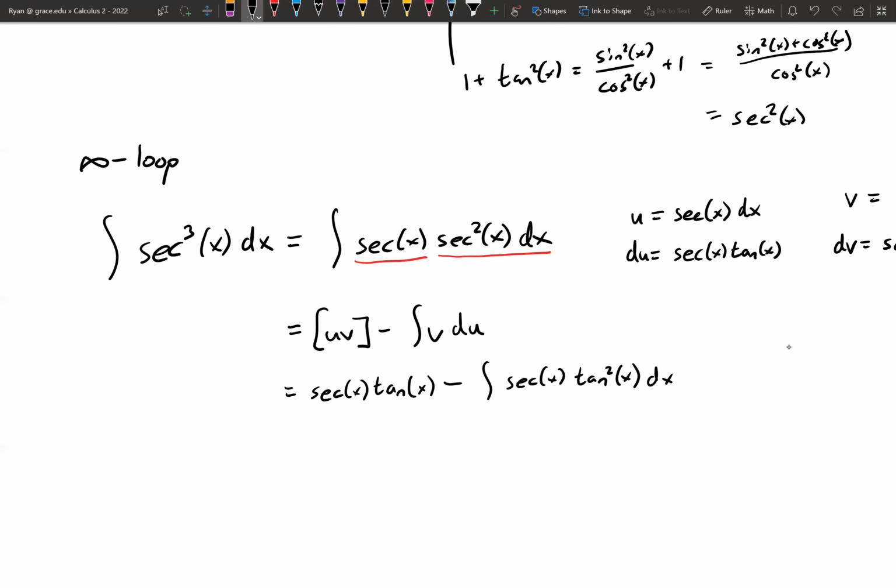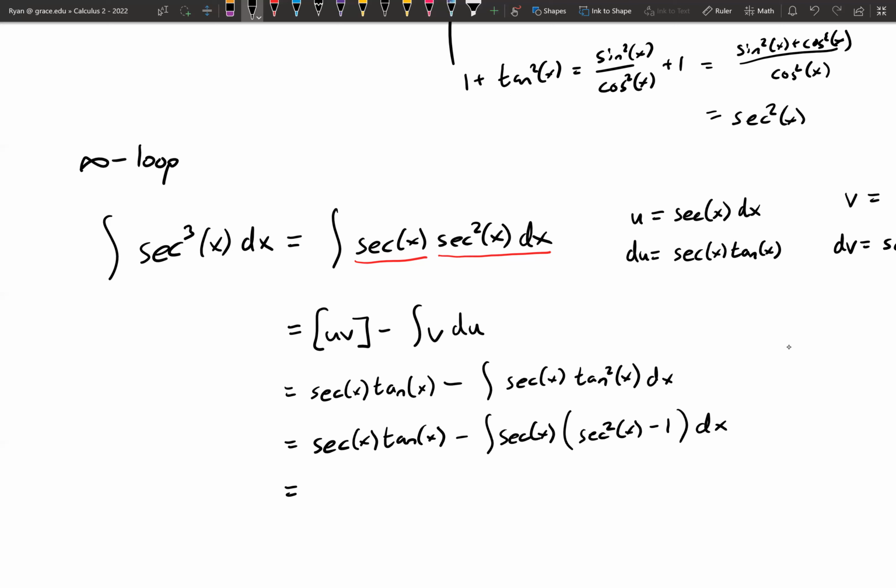Okay, so that means that tangent squared is secant squared minus 1. So this is equal to secant of x tangent of x minus the integral of secant of x times secant squared minus 1 dx.